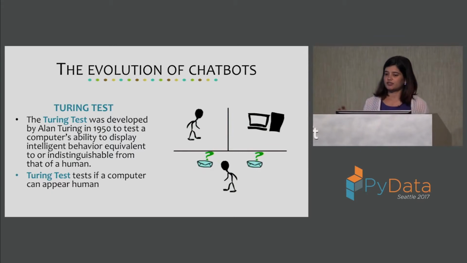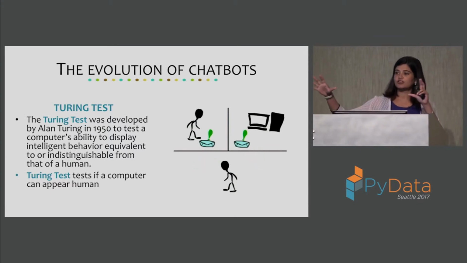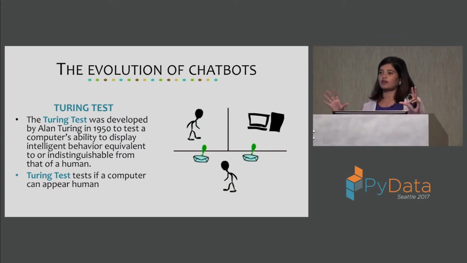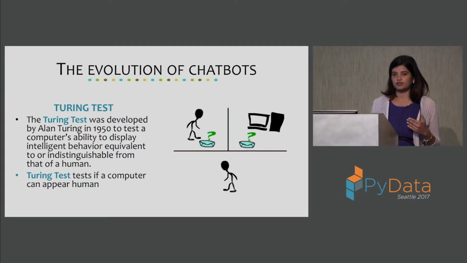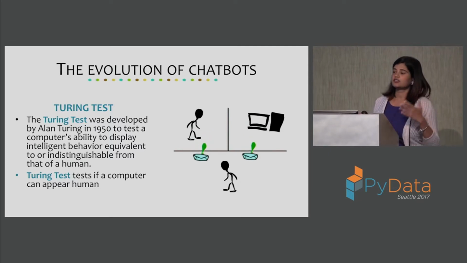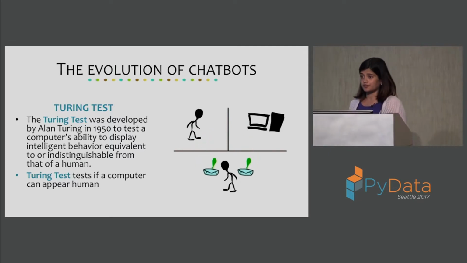It's something like this. If there's this person who sends 2 packets to 2 different people or machines behind 2 doors, this person should not be able to distinguish between which reply came from a human being versus which reply came from a computer.